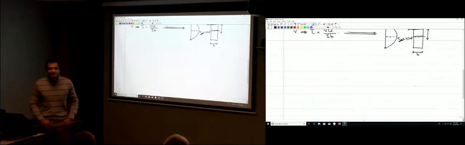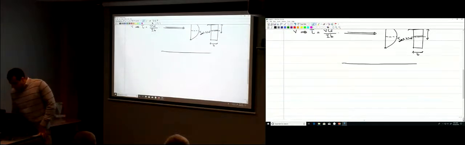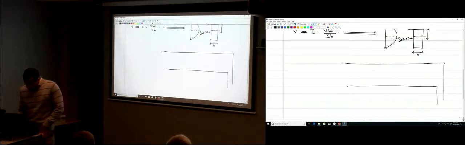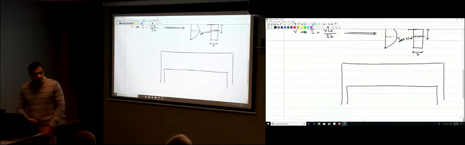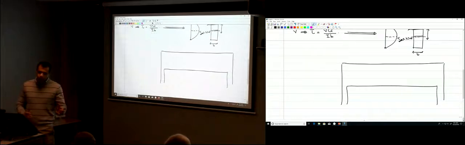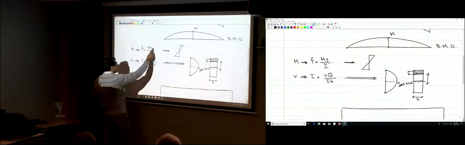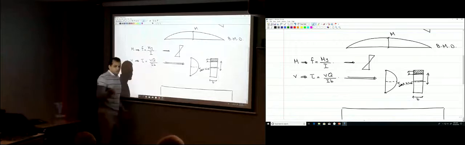Everything you learned was for a reason. So right now, this beam that we drew has a section like this. At different points, there is a shear stress and a normal stress, right? This is the normal stress that comes from the moment, and there is a shear stress that comes from the shear force.